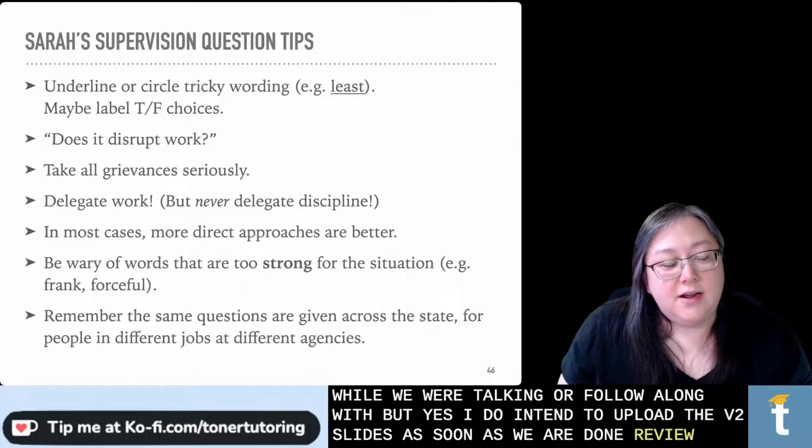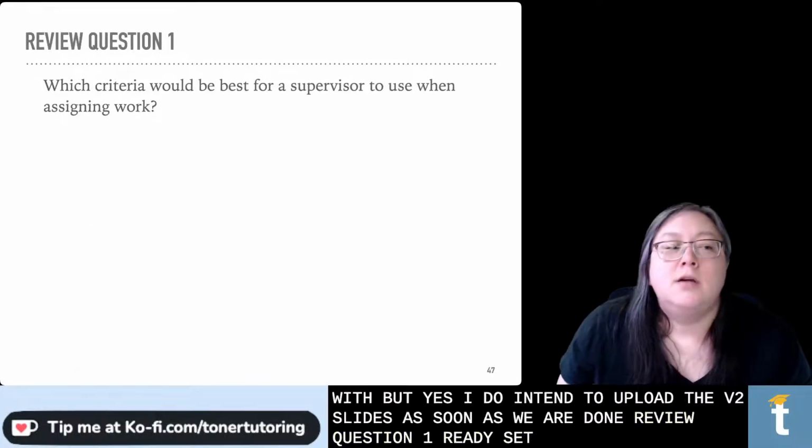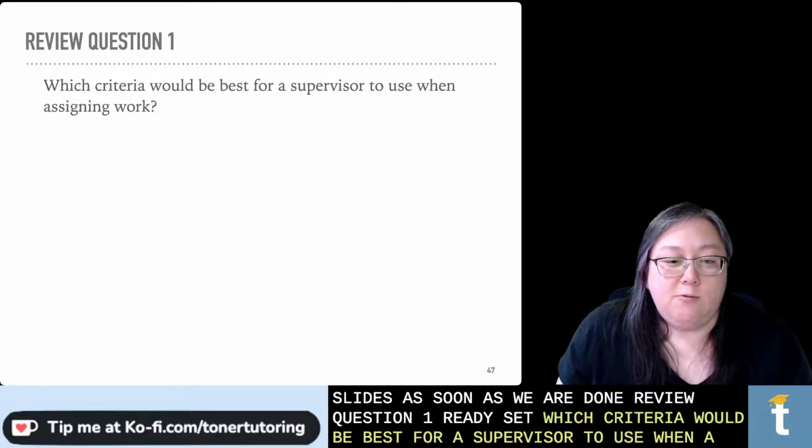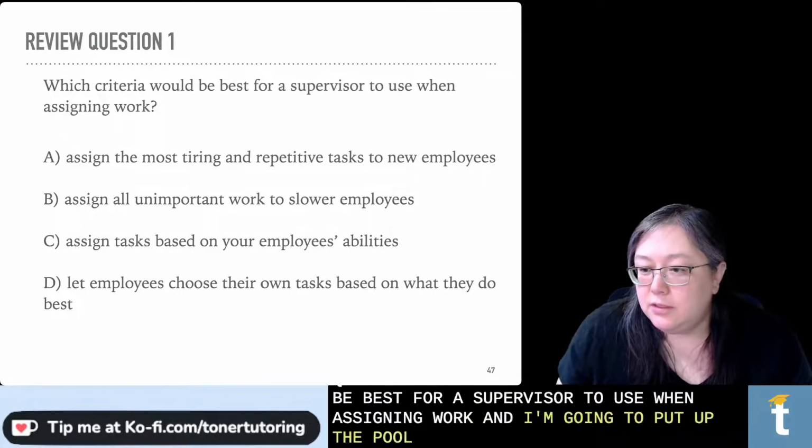Review question 1. Ready, set, go. Which criteria would be best for a supervisor to use when assigning work? And I'm going to put up the poll. Engage. Poll.